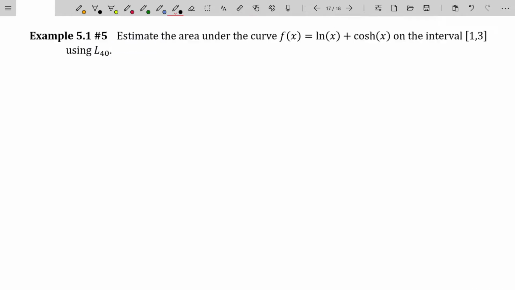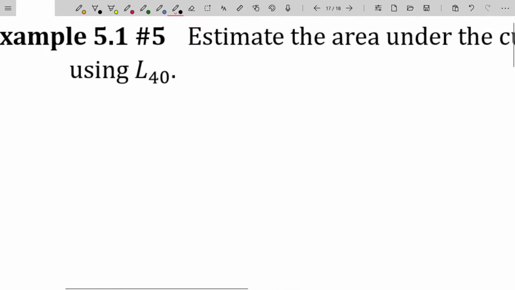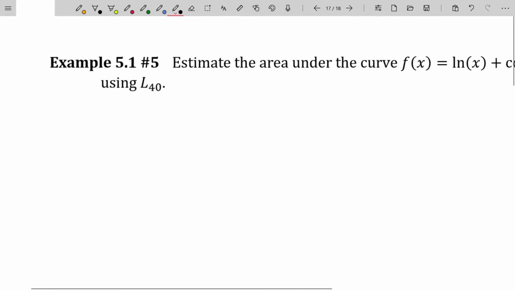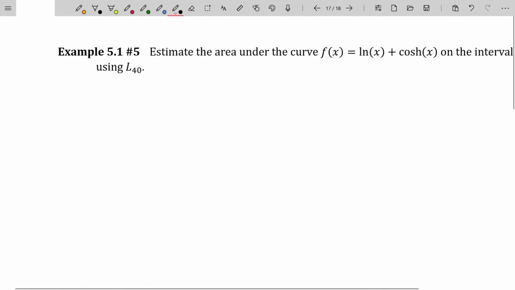The very final example in this video is going to be one where we're going to use a calculator. I want to show you how to do these computations for large computations like L sub 40. Nobody wants to add up 40 values. And so I want to just make sure that you know how to use technology to help here.